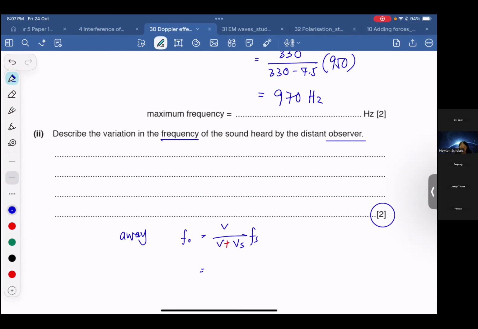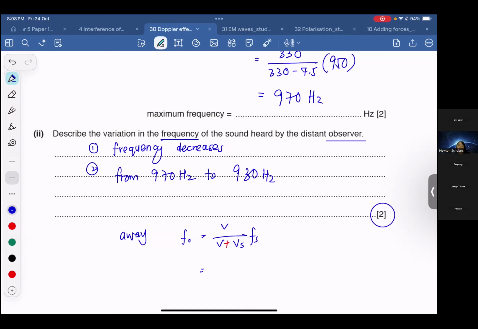First point you will get a mark is mentioning the frequency will decrease. Second, you talk about from what, from just now 970 hertz to 930 hertz. Like this, you can score 2 marks.